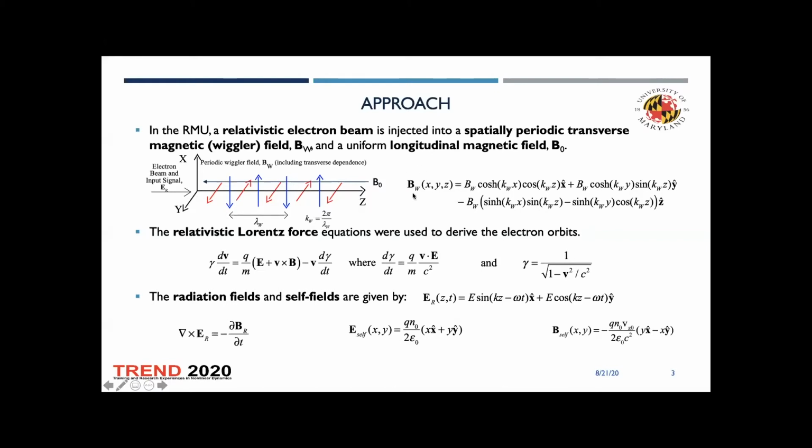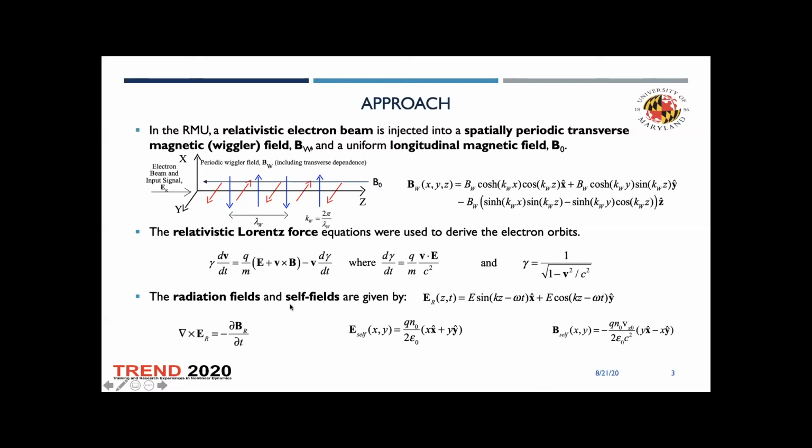This is the equation for the Wiggler field. Lambda W is the period of the Wiggler field, with Kw being the wave number. We used the relativistic Lorentz force equations to derive the electron orbits, as shown here, with d gamma dt proportional to v dot E, where gamma is just the relativistic mass factor.